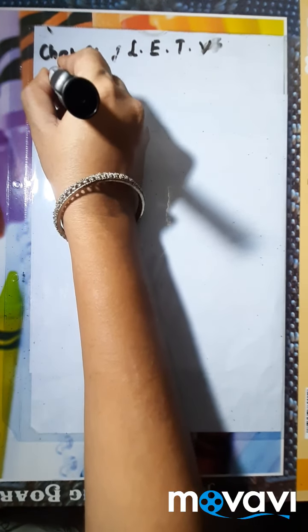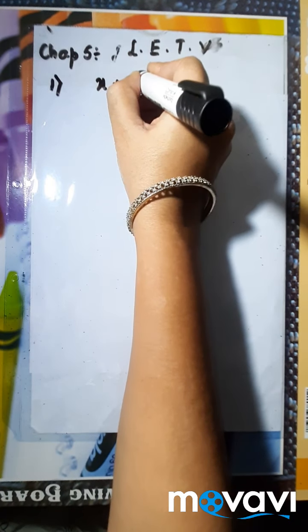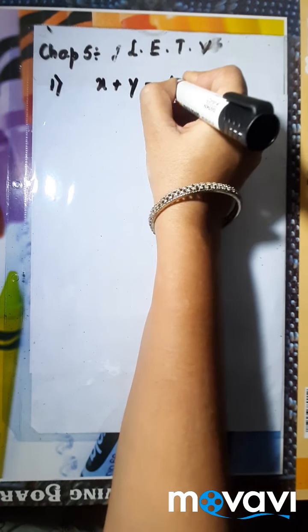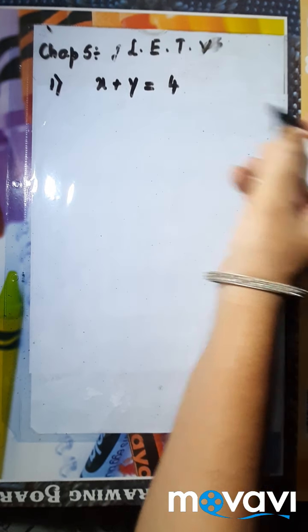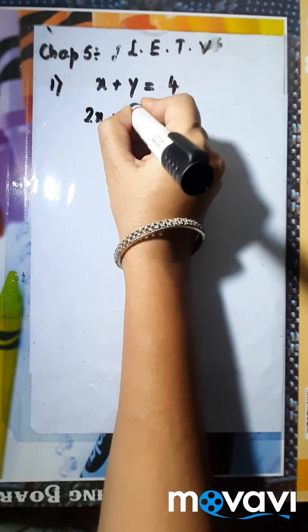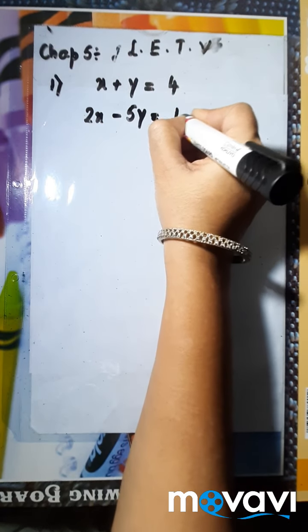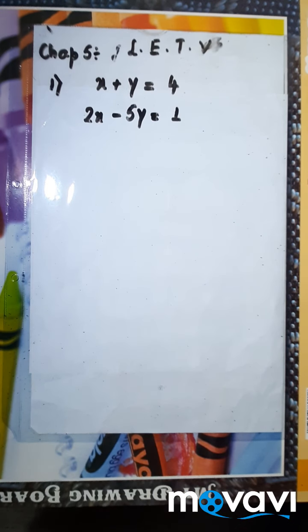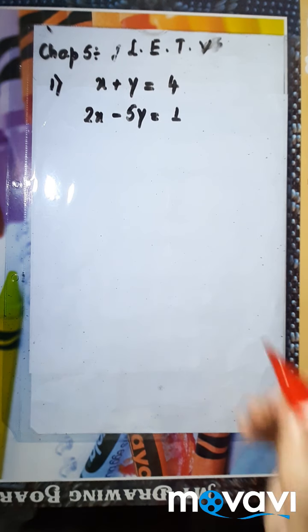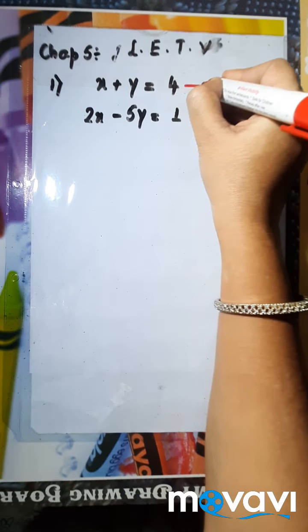My first question is x plus y equal to 4. And the second equation is 2x minus 5y is equal to 1. Okay, these are my 2 equations, right? X plus y is 4 and 2x minus 5y is equal to 1. Now children, please pay attention.